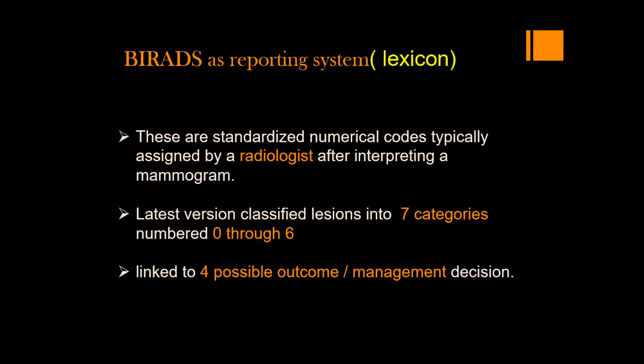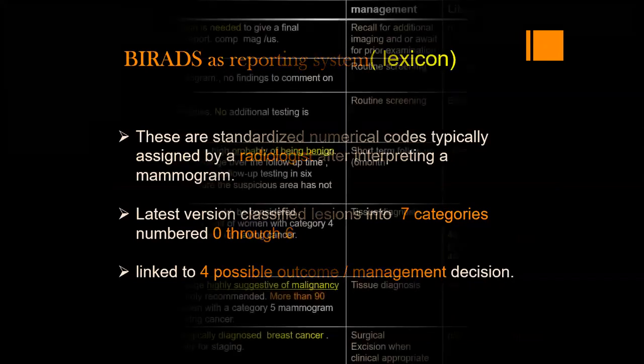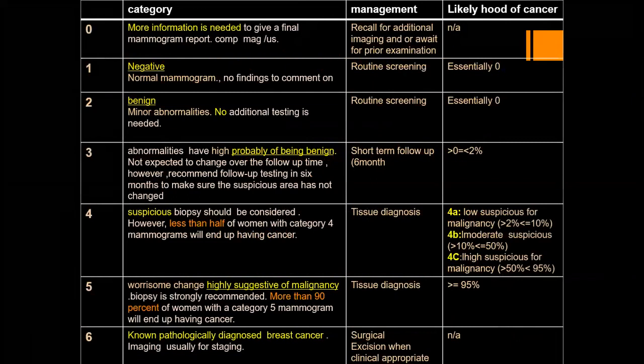Okay, as we described already, we have 7 categories from 0 to 6 linked to 4 possible management outcomes, because some of them share the same outcome. And here you can see these categories from 0 to 6 and the management and likelihood of cancer.